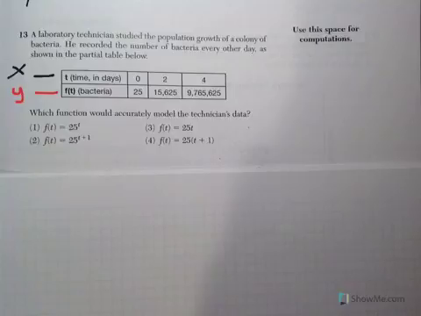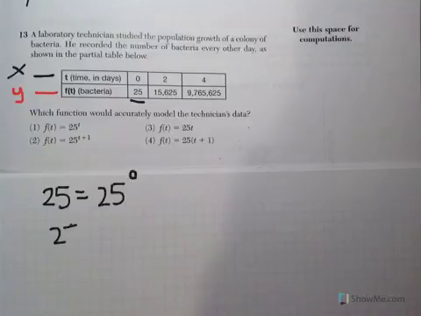So option 1 says your f of t, so let's start with the first one. 25, that's our first one, should equal 25 to the power of 0, according to our table. Does this work? Does 25 equal 25 to the power of 0, which is 1? No, so it can't be choice 1. Let's try choice 2.